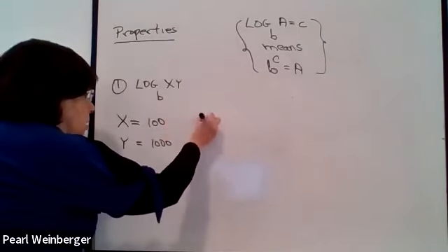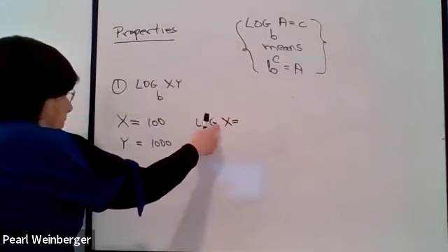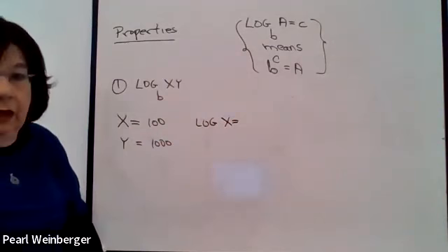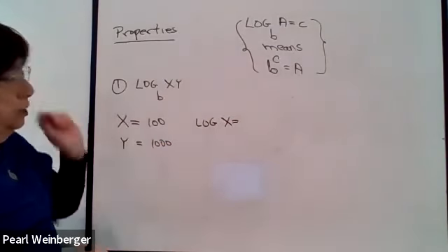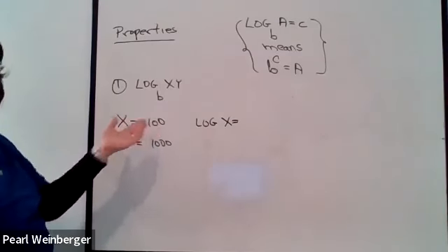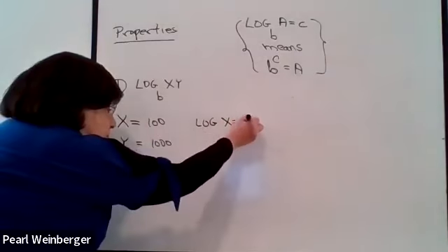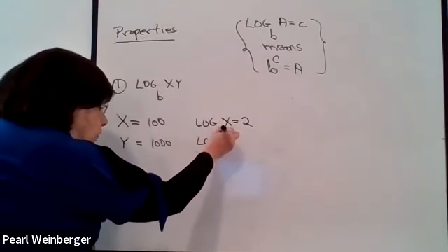What is the log of X? Remember, I didn't put any base in here, it's understood to be 10. 10 to what exponent will give me 100? Remember, all you have to do is count the zeros. It's 2.